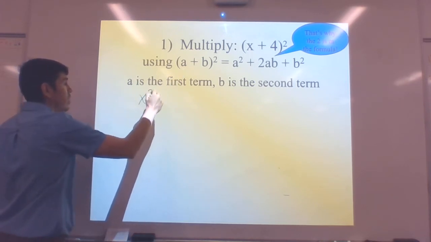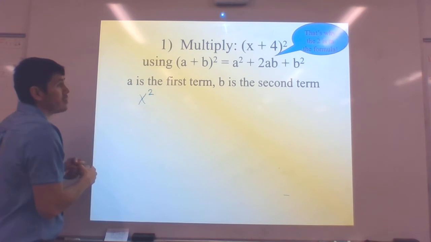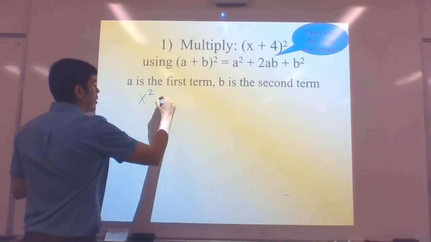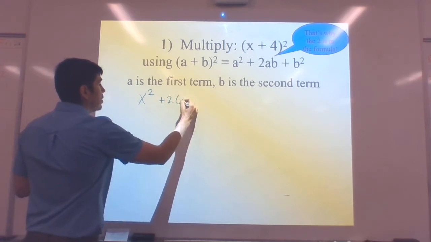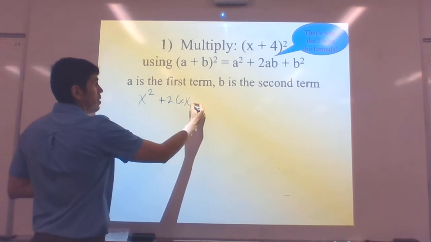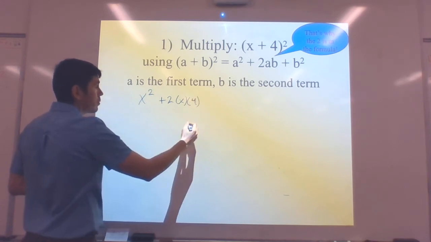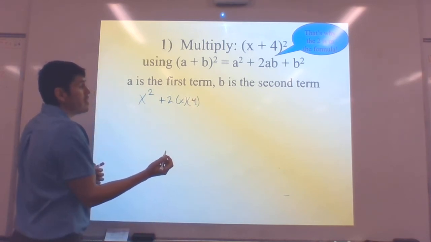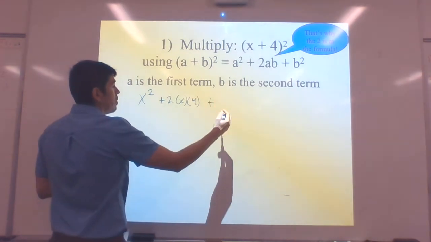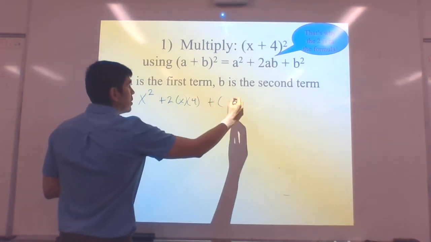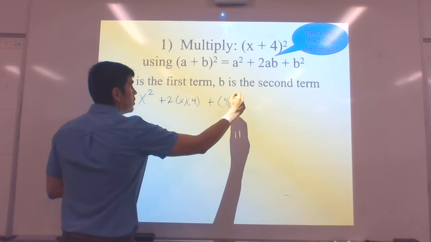So I'm going to say x squared. And then what's the next part? It's going to be 2AB. So what happens when I multiply 2 by AB? I'm going to get 2 times x times, what's my B value? My B value is going to be 4. And then what's my B squared? Right? Plus my B squared. My B squared is going to be 4 squared.